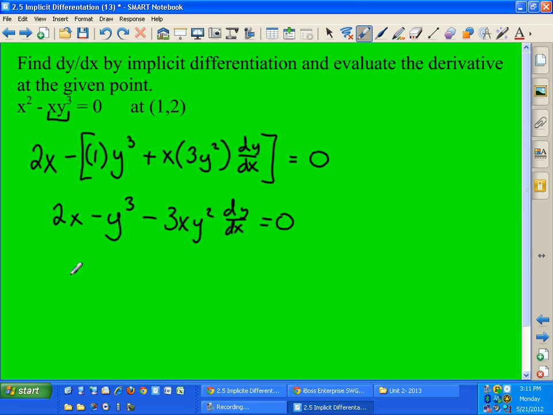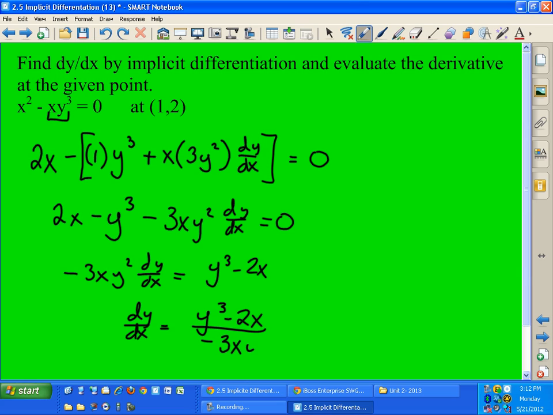That gives me negative 3xy squared dy dx equals y cubed minus 2x. Anything that is multiplied by dy dx, so this is all just algebra, I'm going to divide by it. So dy dx, the slope, is actually y cubed minus 2x over negative 3xy squared.